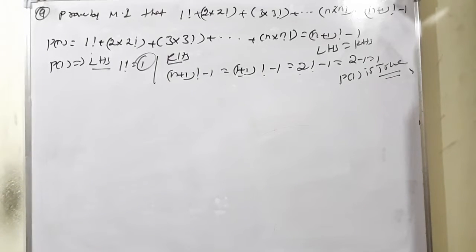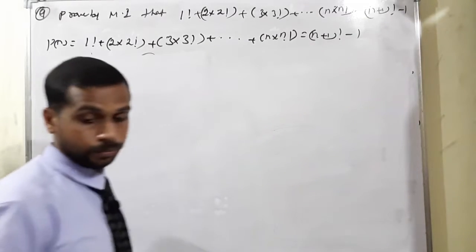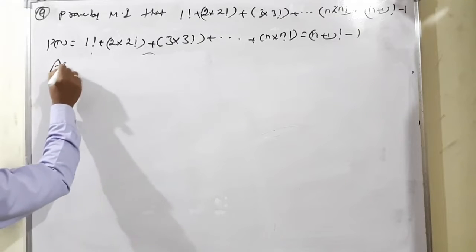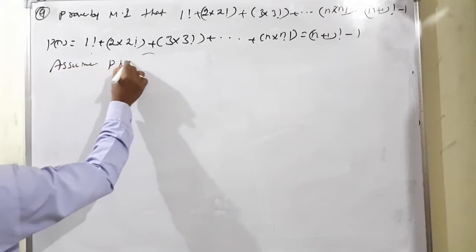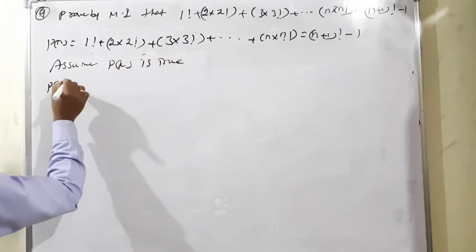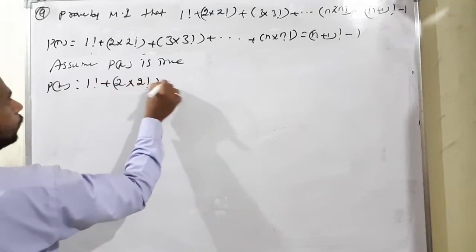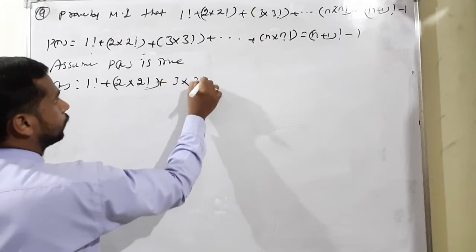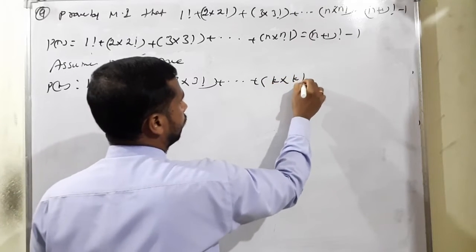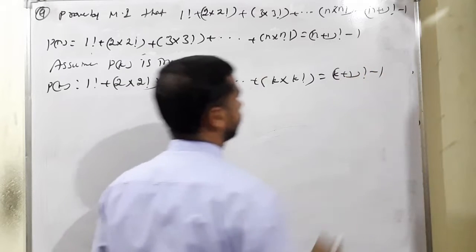Then assume P of k is true. So P of k is true means 1 factorial plus 2 into 2 factorial plus 3 into 3 factorial plus dot dot dot plus k into k factorial is equal to k plus 1 factorial minus 1.